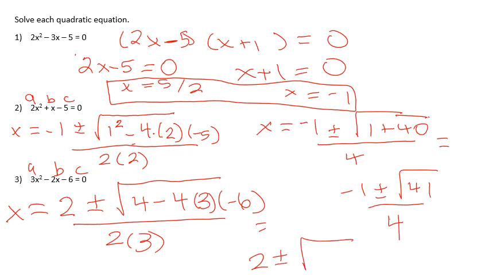And then negative 4 times 3 times negative 6 is negative 12 times 6 is negative 72. So a positive 72 because I've got negative 4 times negative 6. So 76, all divided by 2 times 3 is 6. And I can leave it that way. I don't have to simplify. x equals.